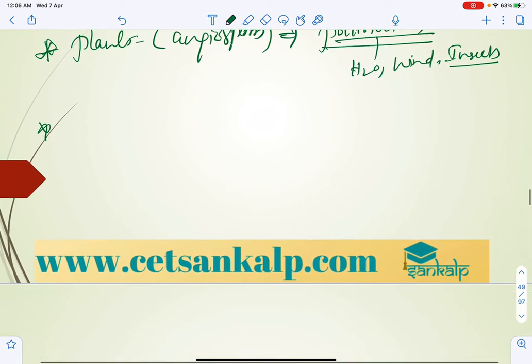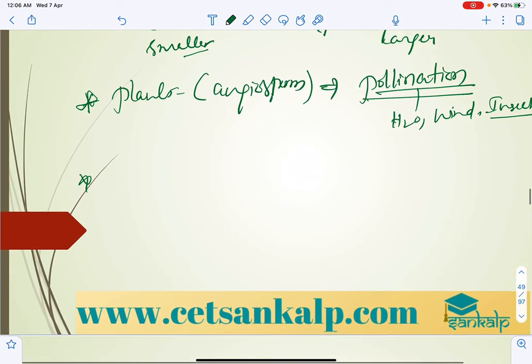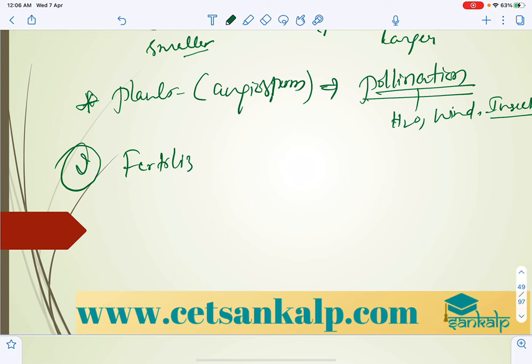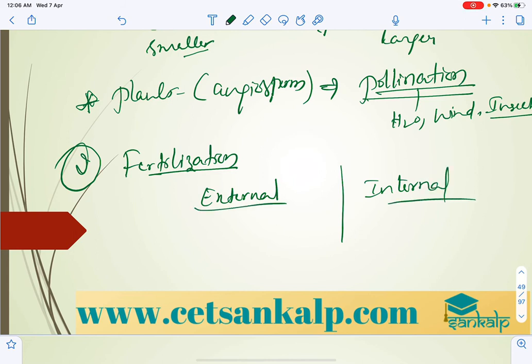The next stage, the second event, is fertilization. We all know the meaning of fertilization. Fertilization may be external or internal, one of the very important things to keep in mind.